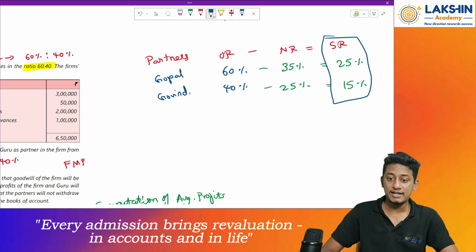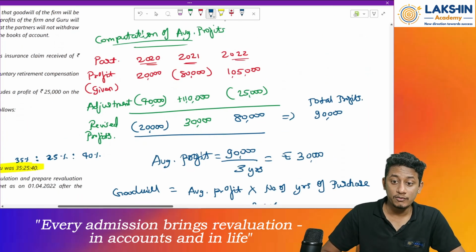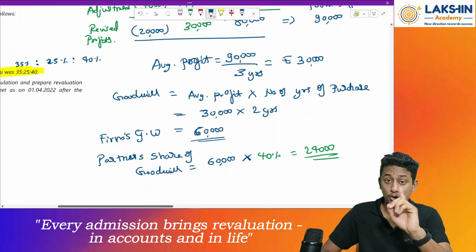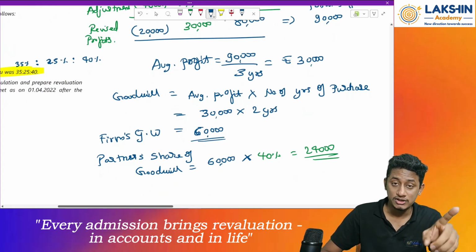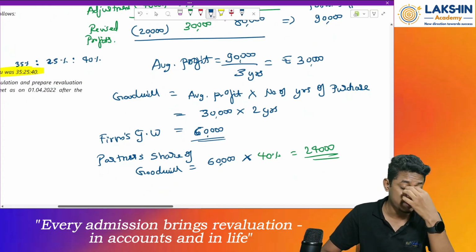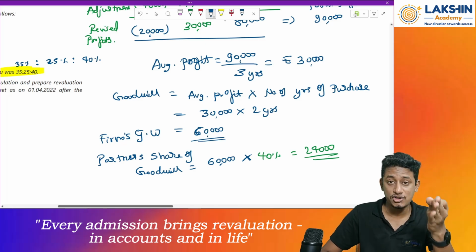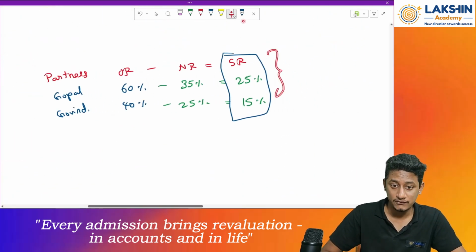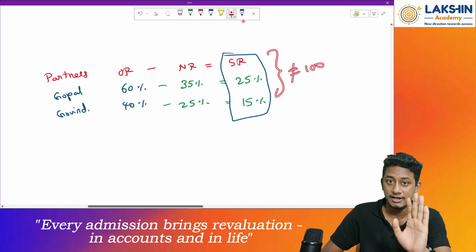Now divide it into what ratio? Into the ratio of 25:15. Do not just multiply 24,000 into 25% into 40%. Why? Because whatever ratios we have got, they do not add up to 100. See, this is not equal to 100 if you see, right? So don't multiply it with 100. Clear?